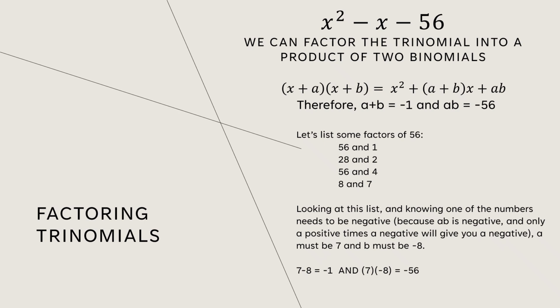Now, because ab is negative, we know that only one of those numbers is going to be negative. And because the sum is -1, we know that the 8 is the number that must be negative because 8 is bigger than 7. So 7 minus 8 will give you -1.